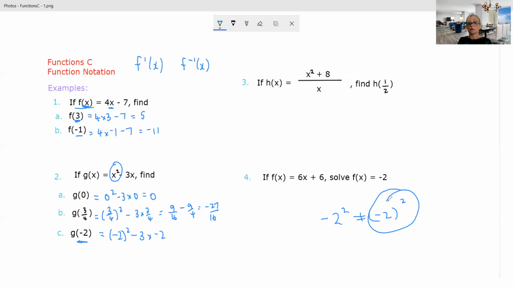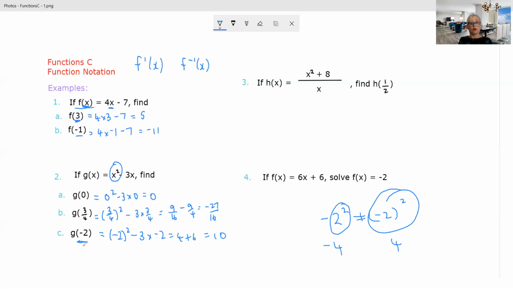And this is the one that we want. Because it's the x that's squared and x is negative 2, we need negative 2 by negative 2, which is positive 4, right? If you write it without brackets, that means square it and then make it negative, which is a different thing. That gives you negative 4, that gives you positive 4.